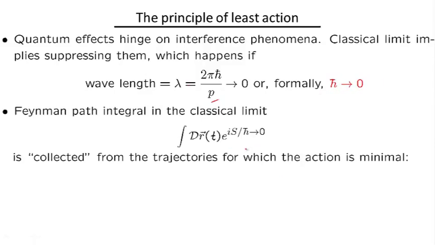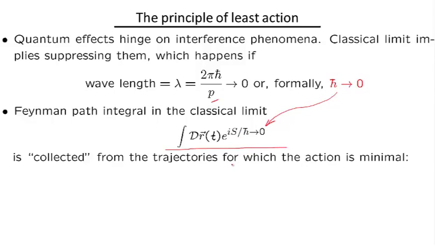Now, if we recall the expression for the Feynman path integral, we see that in the quasi-classical limit, when h formally is taken to 0, the functional that we're integrating becomes in some sense very similar to the types of functions that we saw in the previous slide, with the h bar, the Planck constant, being equivalent in a sense to the parameter epsilon that controls the applicability of the saddle point approximation.